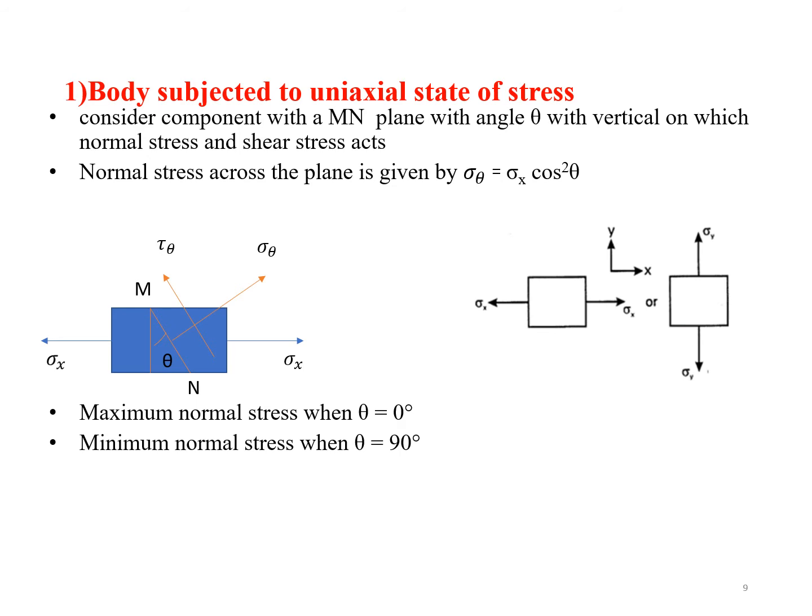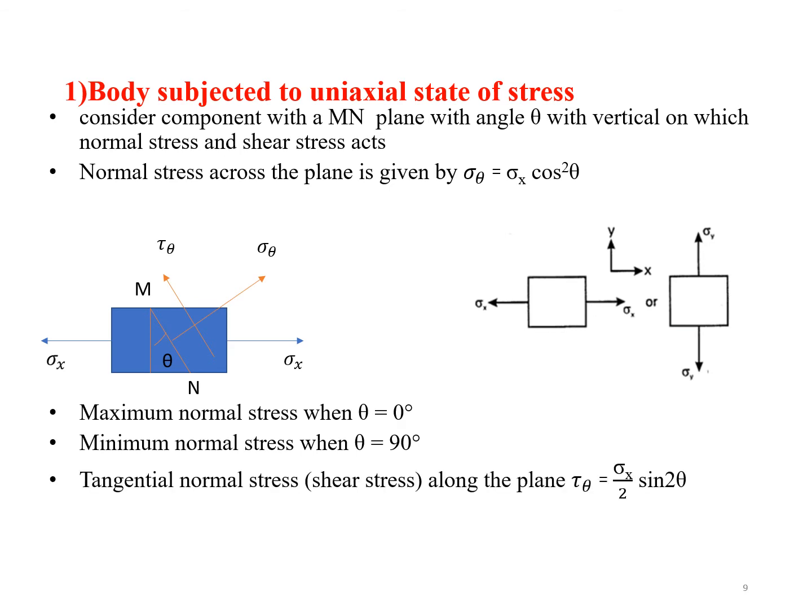It becomes maximum when theta is equal to 0 degrees, and minimum when theta becomes 90 degrees. The tangential stress, or shear stress along the plane MN, is given by tau theta is equal to sigma x by 2 sine 2 theta, and it becomes maximum when theta equals 45 degrees, that is, tau theta is equal to tau max.